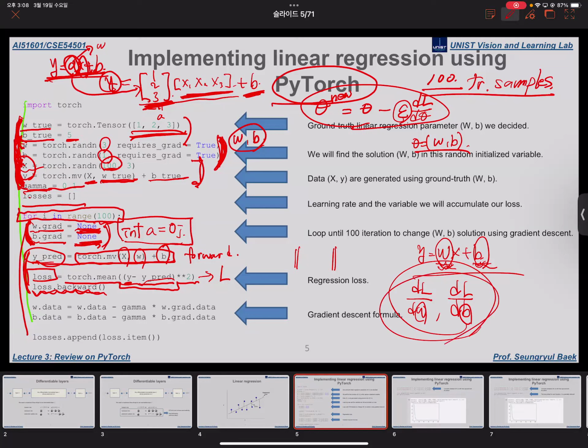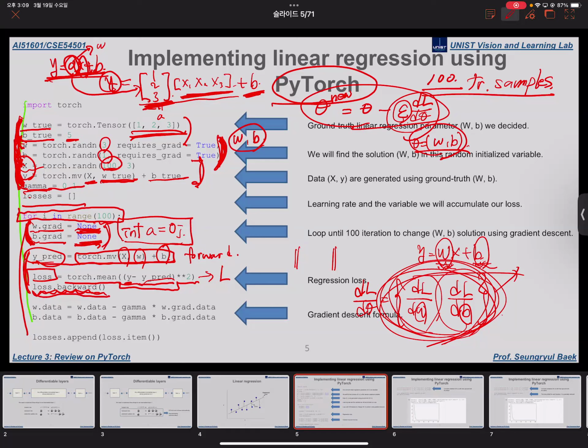You have to implement your own code for calculating these two gradients. Because your parameter is composed of W and B, your dL/dθ is actually these two gradients. And you have to implement by yourself this part, how to calculate this given the loss function.